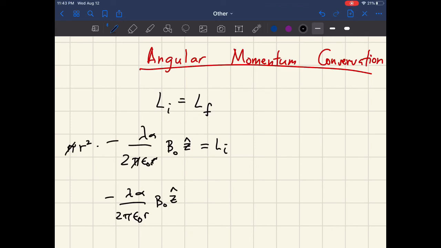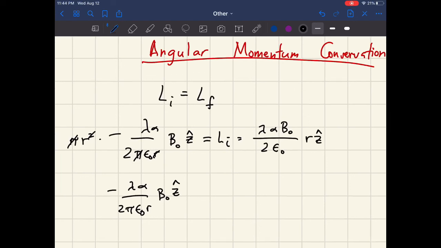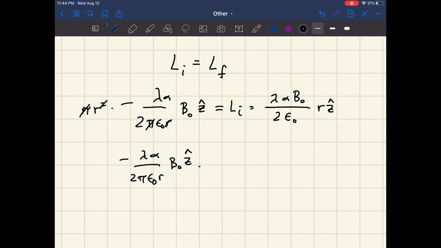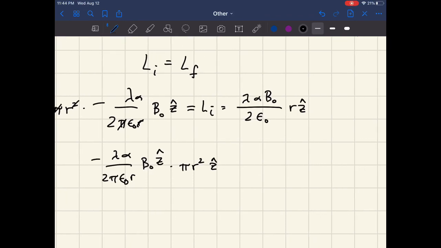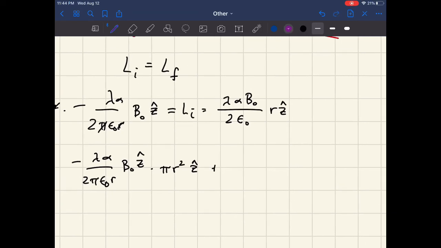This cancels, and that gives us lambda alpha B naught over 2 epsilon times r in the z hat direction. But we also have the angular momentum due to the cylinder rotation. That's just I omega of t times z hat.